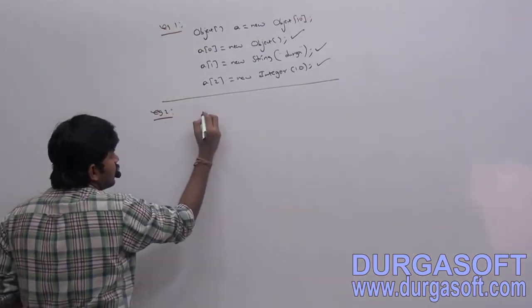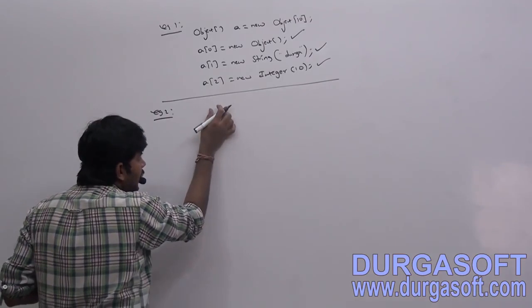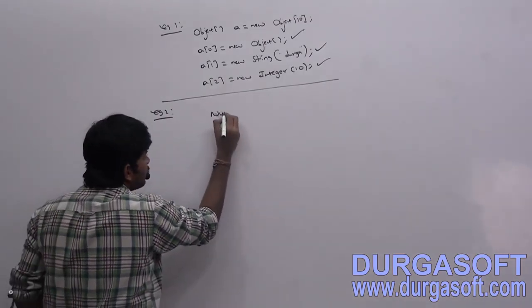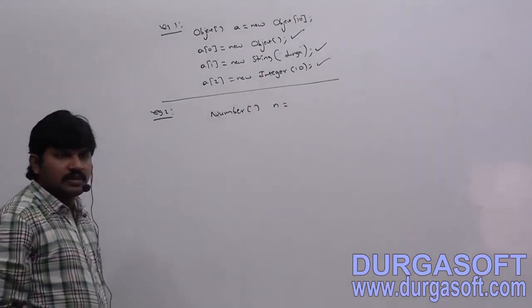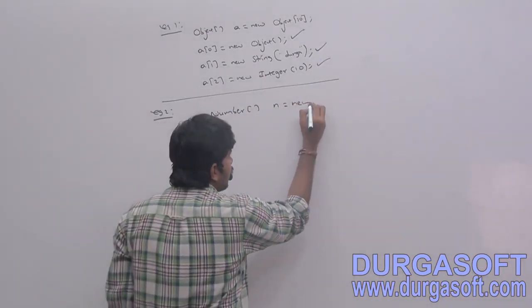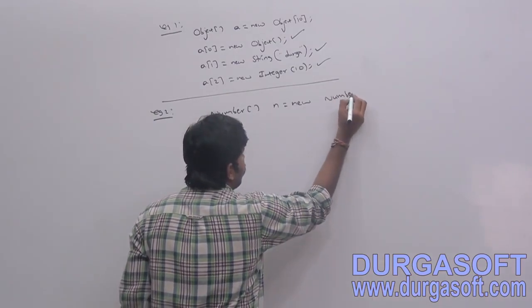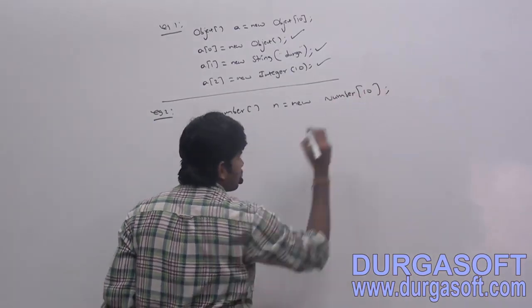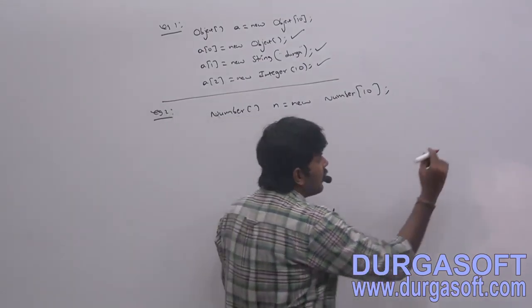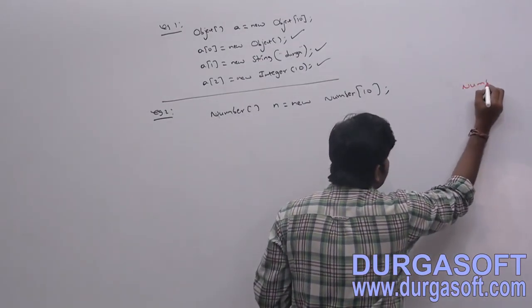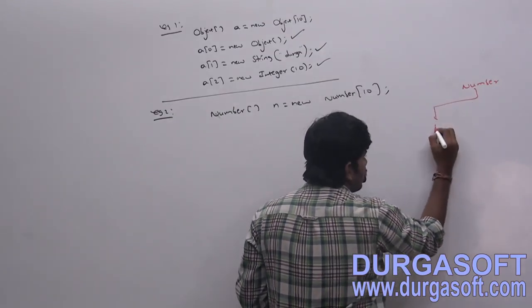Let me take example 2. Here, I'm taking a number array. Number array n is equal to new number array of 10. Do you know the child classes of Number?